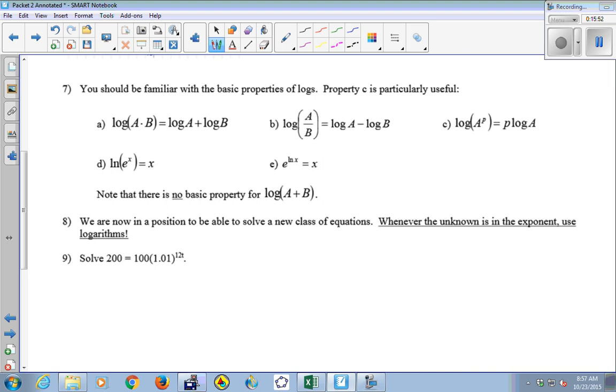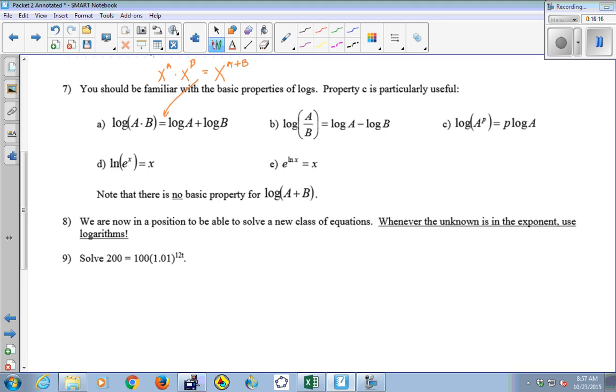If I had x to the A times x to the B, what do you do with those exponents? You add them. You get x to the A plus B. That is the equivalent property when you write things in terms of logs instead of exponentials. So you end up adding them instead of multiplying.